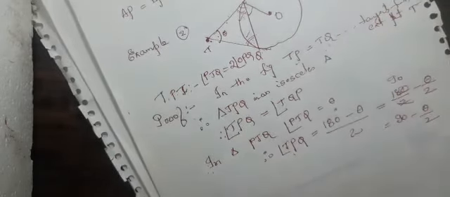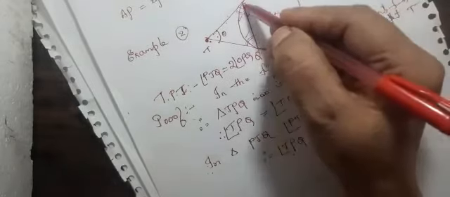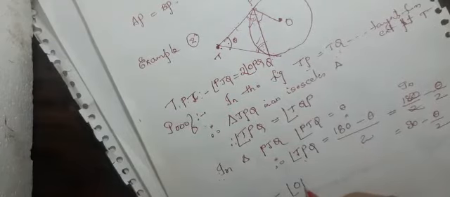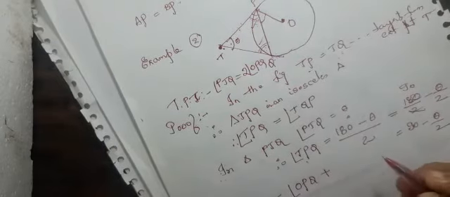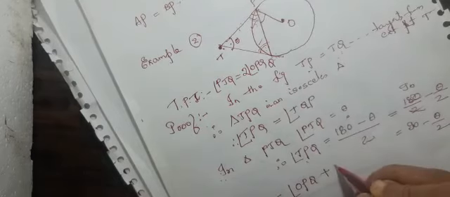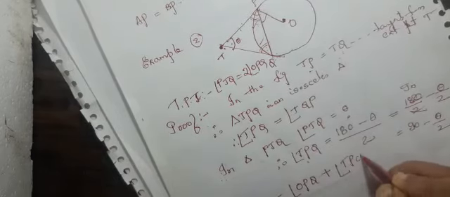Now we want something about the angle OPQ, isn't it? So what we do is OPQ plus TPQ is equal to 90 degrees. We know that. In the figure, angle OPT is equal to angle OPQ plus angle TPQ.